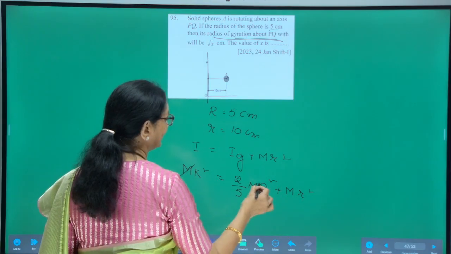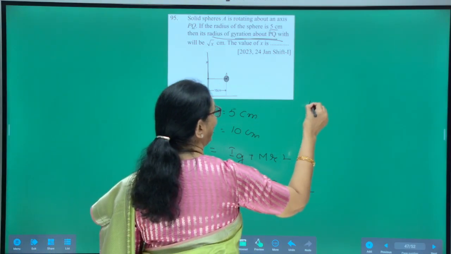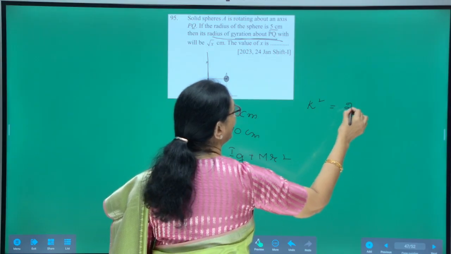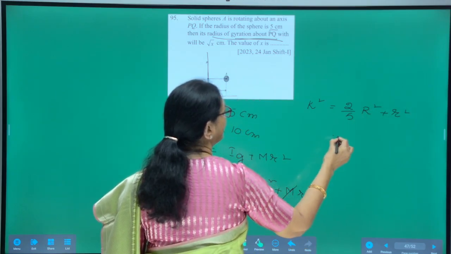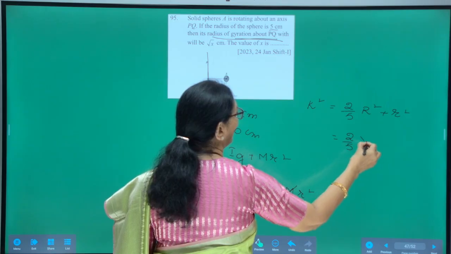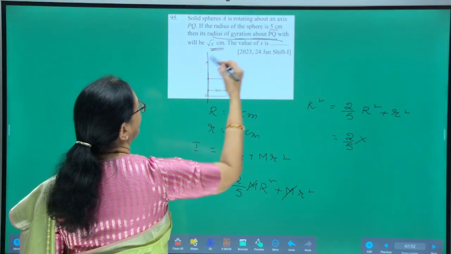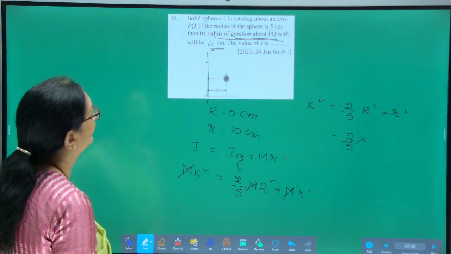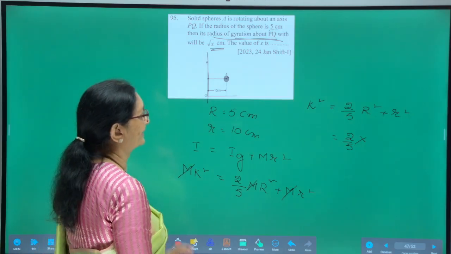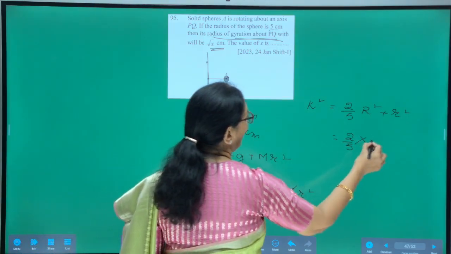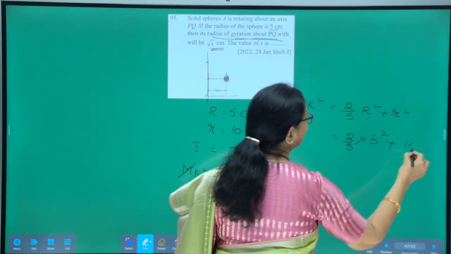So, you can take that m as a common factor and cancel. So, k square is equal to 2 by 5 r square plus small r square. Everything is given in centimeters, even the value of k is given in centimeters, so you need not convert. 2 by 5, r square is 5 square plus small r square is 10 square.